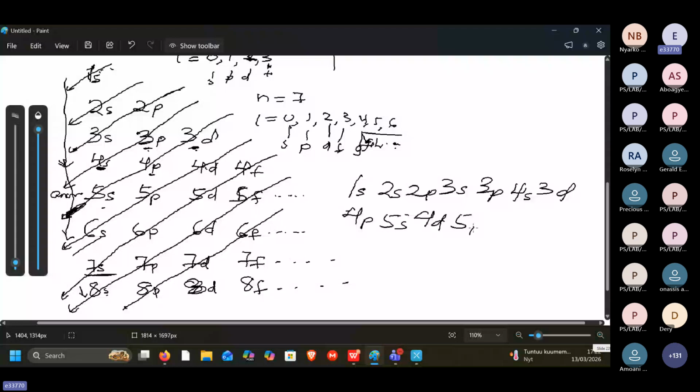After 6s, if you look at the arrow, we'll go to 4f, then we'll come to 5d, 6p, and then 7s. If you want to continue, after 7s you are now coming to 5f, then we'll go to 6d, 7p, and then 8s. This is how Aufbau sees the arrangement of the orbitals.